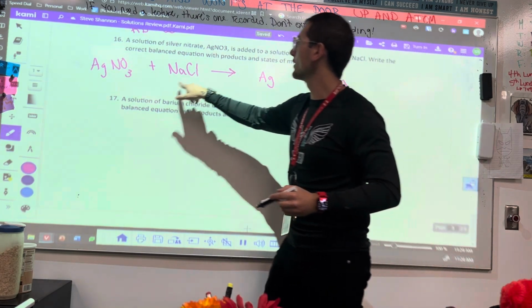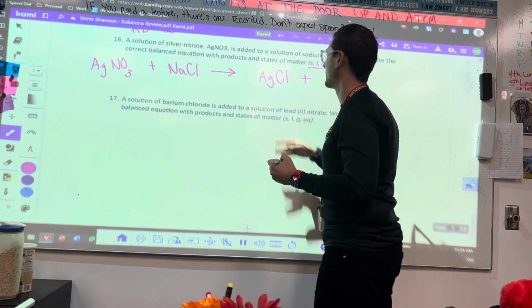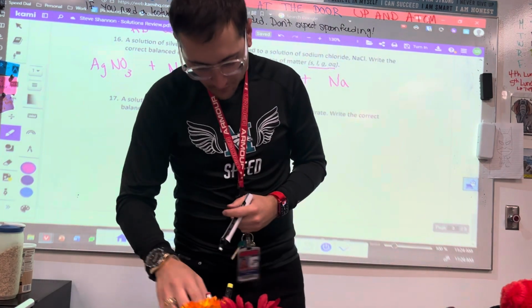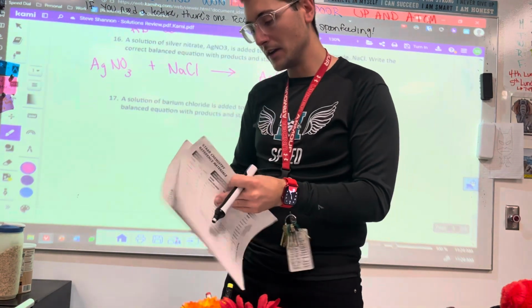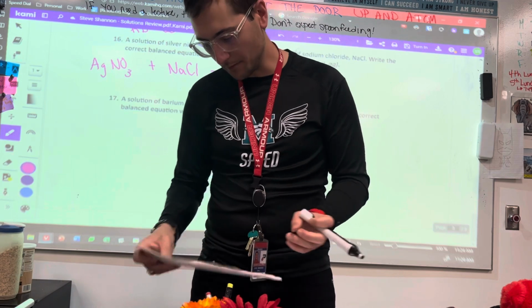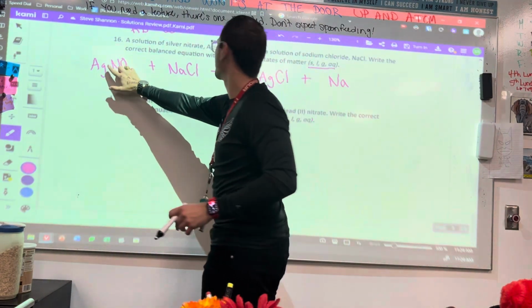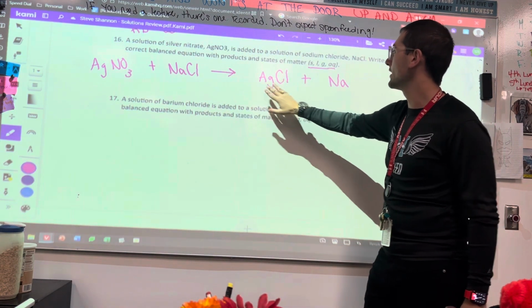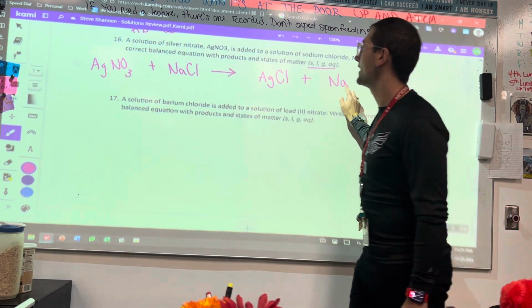But now chlorine is going to come over to the Ag, and chlorine has a -1 charge, so it brings a 1 over. But silver has a +1 charge. Oh, that's nice. So silver has a +1 charge, and it will also give the 1 to the Cl, so this is exactly how it needs to be. Then I look at Na.